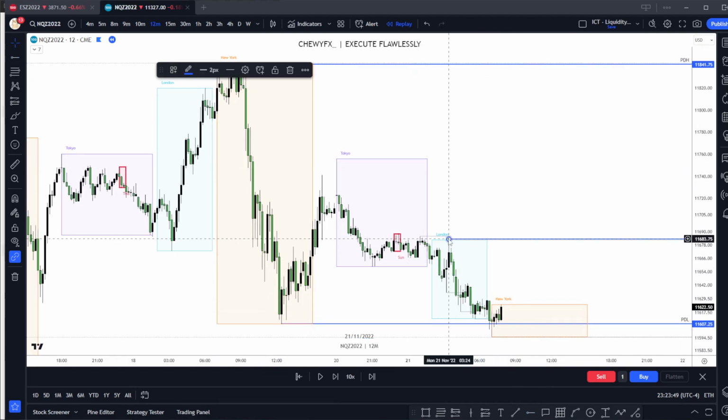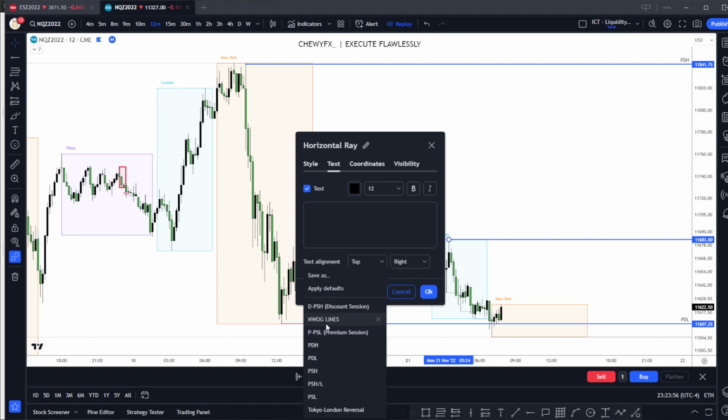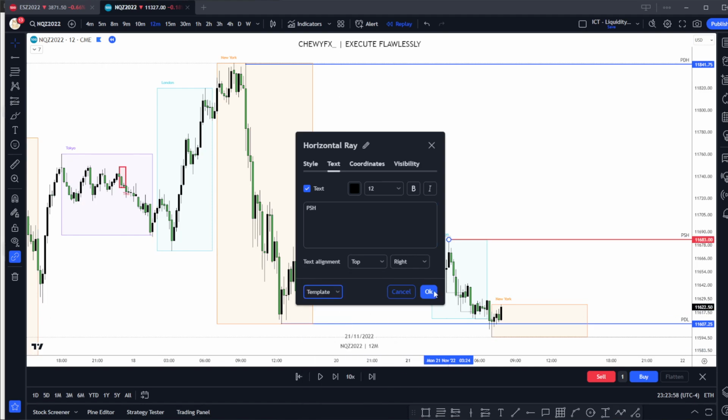But in the case that ES does sweep that previous day low, it's kind of looking like we're setting up nicely here for a EM2 towards one of these session highs.